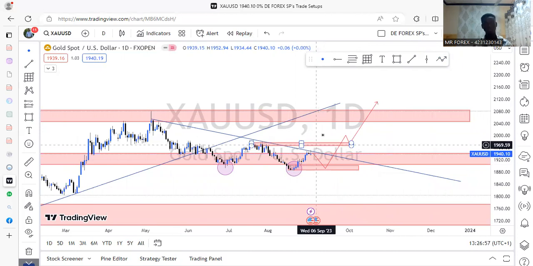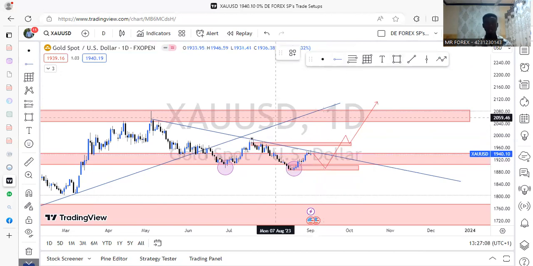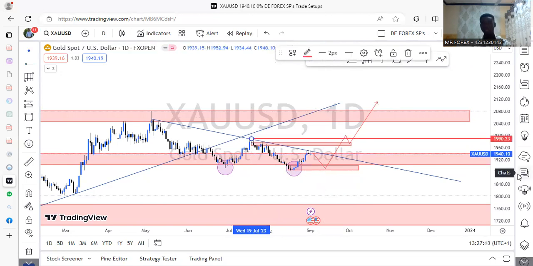But if it breaks this area also, then here is a confirmation for our analysis that actually gold is ready to be bullish. If price breaks this area, let me give you the price. If price breaks 1990.23, price breaks that level, meaning gold is ready to resume its bullishness.